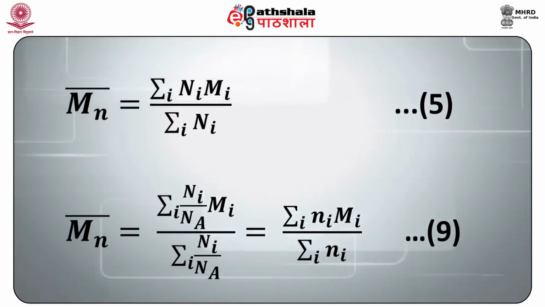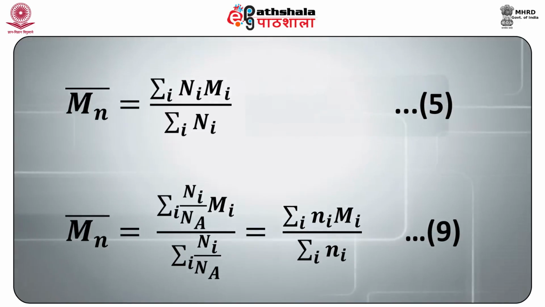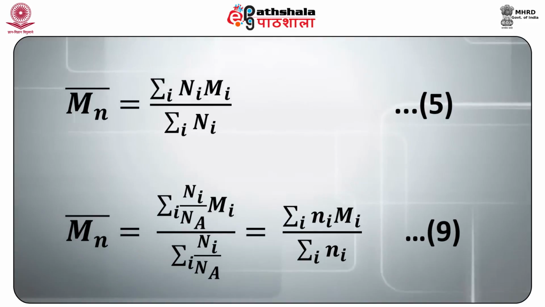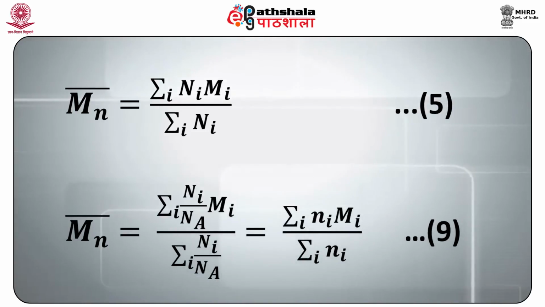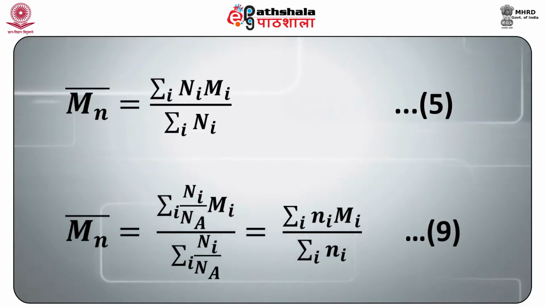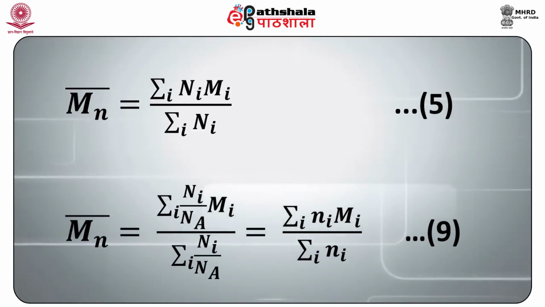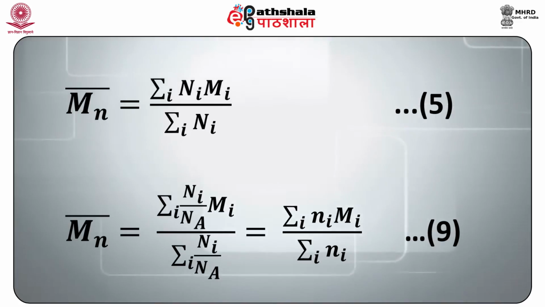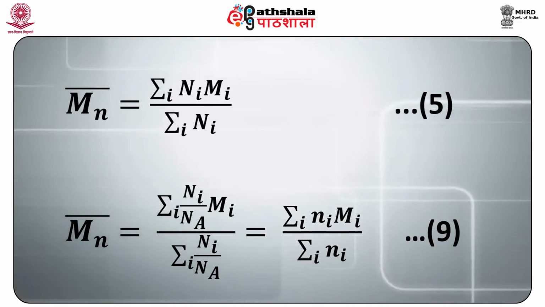Dividing equation 5 by Na, we get Mn bar equals summation Ni by Na into Mi divided by summation Ni by Na, which is equal to summation Ni Mi divided by summation Ni, where N is the number of moles. This is our equation 9.